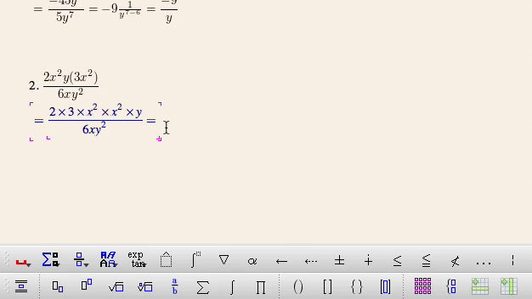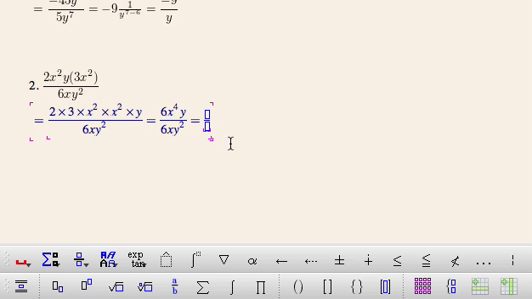This is equal to 6, x to the power of 2 times x to the power of 2 is x to the 4, times y, over 6xy to the 2. So first of all, the 6 and the 6 cancel, so we just have x to the 4 y over x y to the 2.